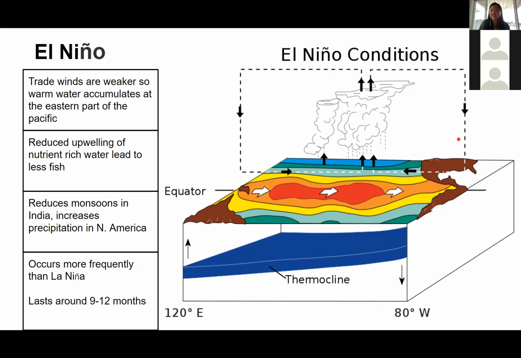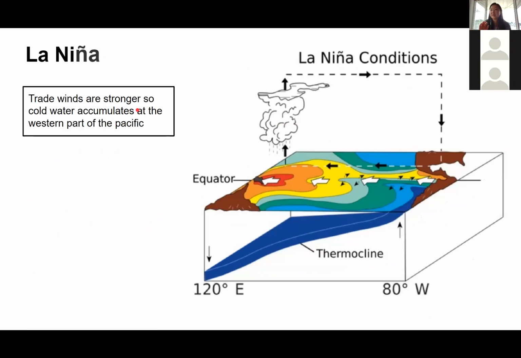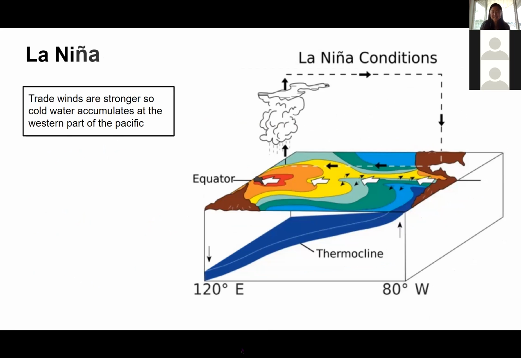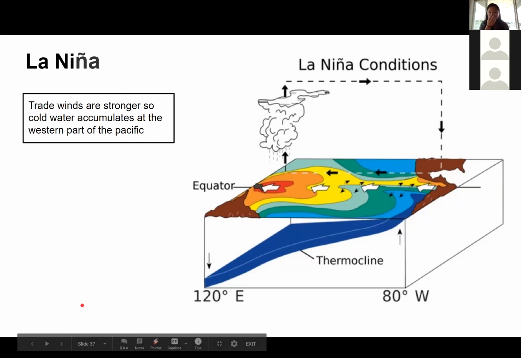Nice. Okay. So Caitlin and Quinn, do you want to try to explain La Nina? Looking at this diagram, try to explain what's happening and how La Nina works. So with La Nina, it looks like the normal conditions picture.